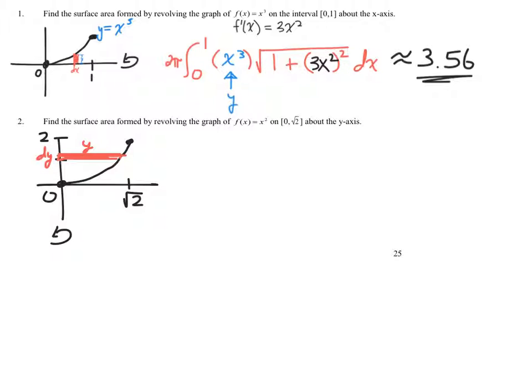It's just for consistency between this and volumes of revolution, you kind of want to change things up a little bit. So the first thing I would do is change my function. So y equals x squared. Let's make that x equals the square root of y. We can go with only the positive because we're living on the right-hand side of the y-axis.